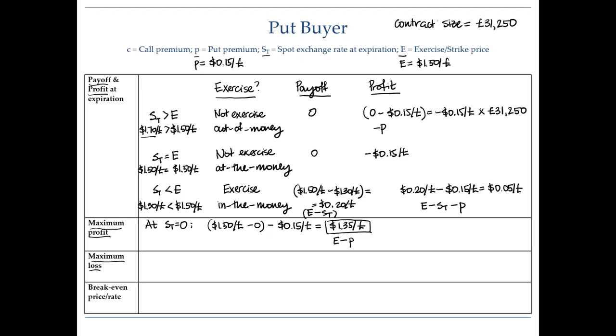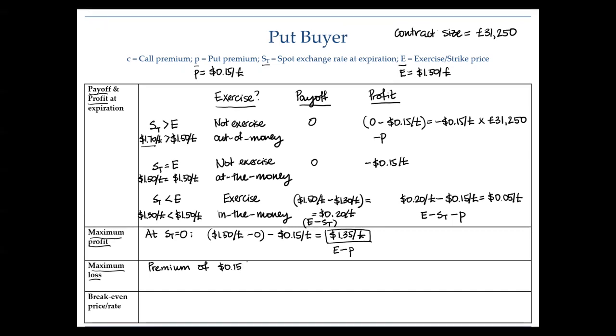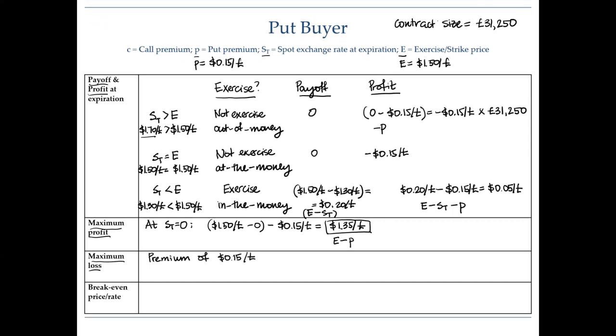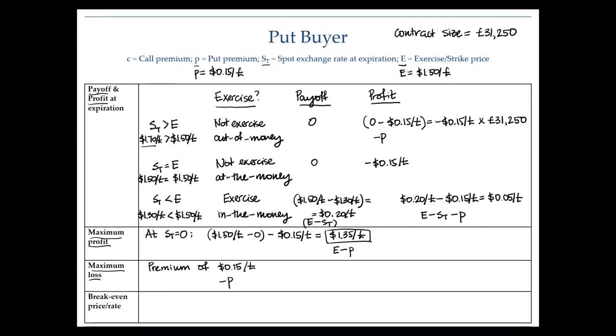So whenever the future spot rate is not in our favor, we simply do not exercise this contract and we just lose our premium. So the most you can lose, the maximum possible loss, is simply your premium of 15 cents.